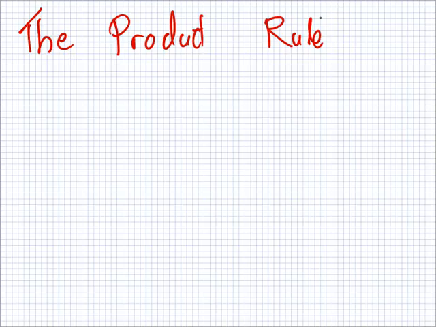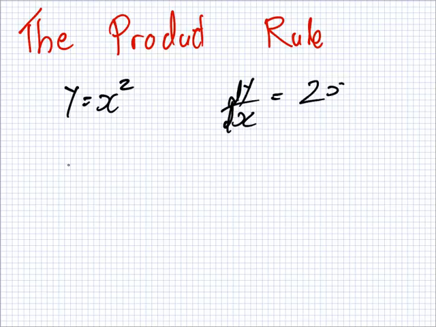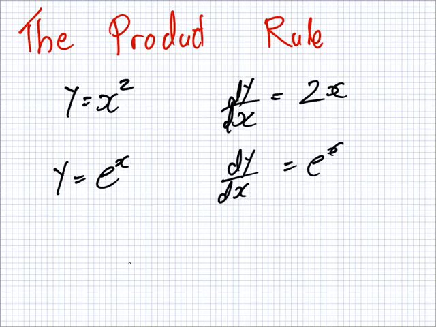Right, so to recap, if y equals x squared, what's the derivative here? 2x, yeah, that's fine. And if y equals e^x, its derivative? So it seems like if we know the derivative of x squared and e^x, we should be able to know what this derivative is.